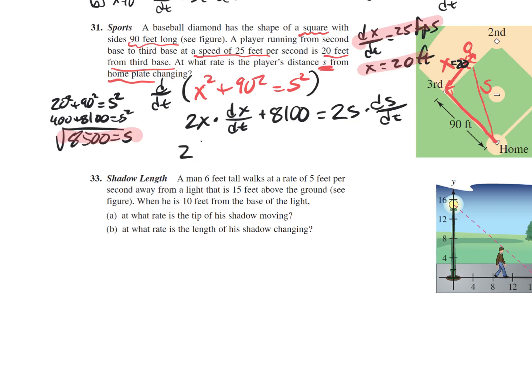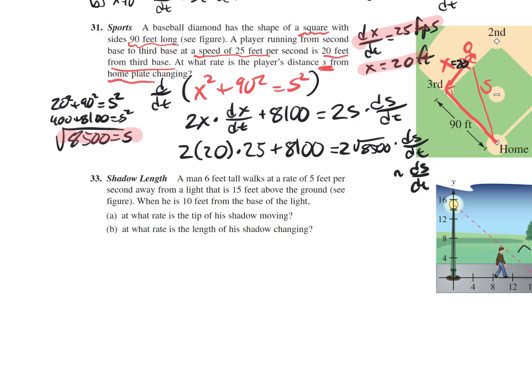So we have 2 times 20 times dx/dt, 25, plus 8100 equals 2 times the square root of 8500 times ds/dt. And if we take this side divided by this side, we get a final answer of ds/dt is approximately 49.352.